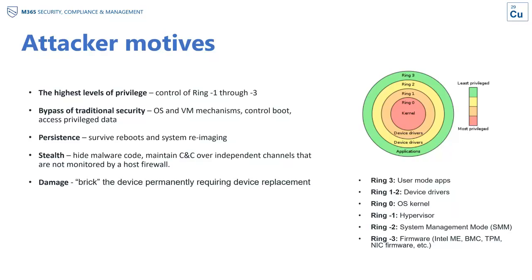The reason attackers are interested in this type of target, there are a few. So first of all, firmware runs with very high privileges, higher than the operating system, which allows attackers, if they succeed to compromise firmware, they can bypass operating system security mechanisms and also tools or security products like endpoint protection products.